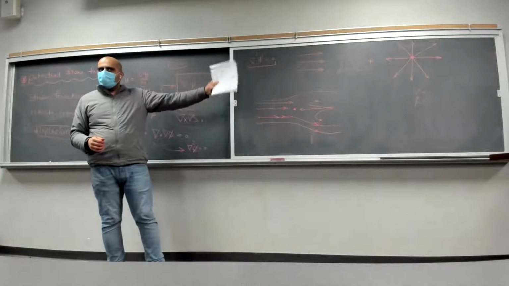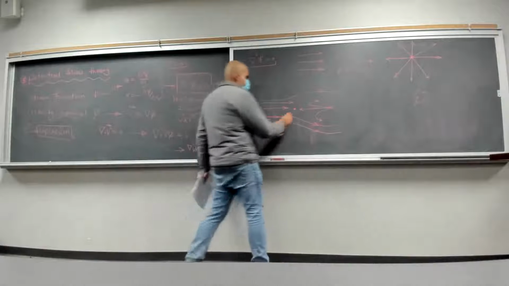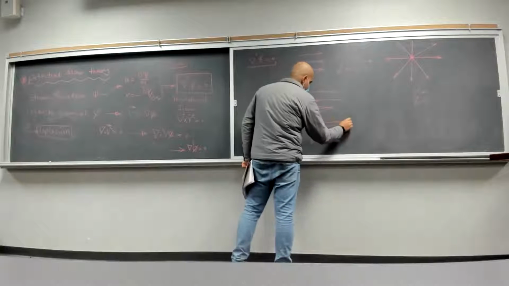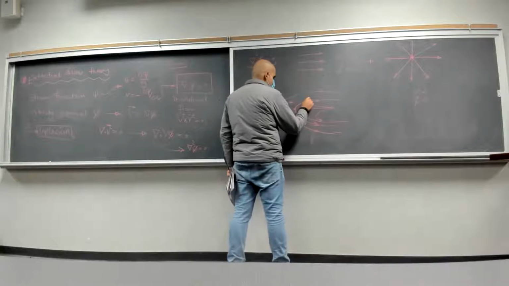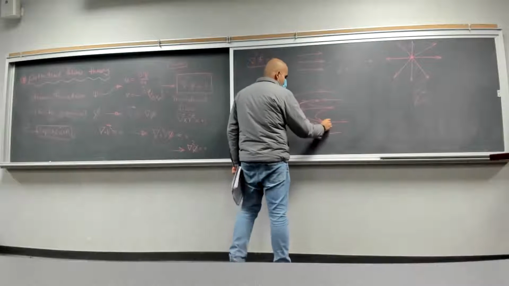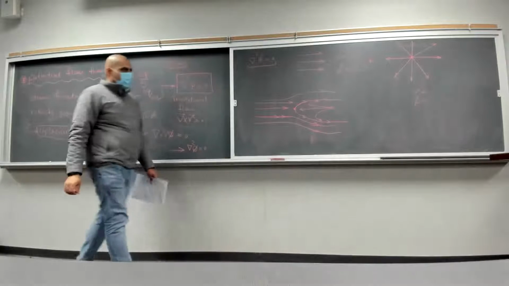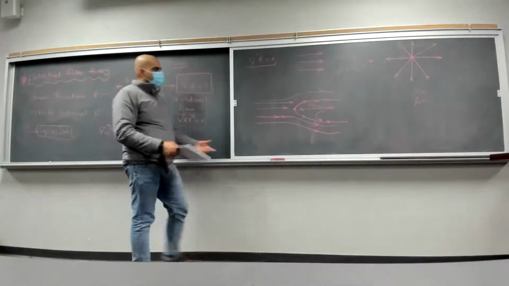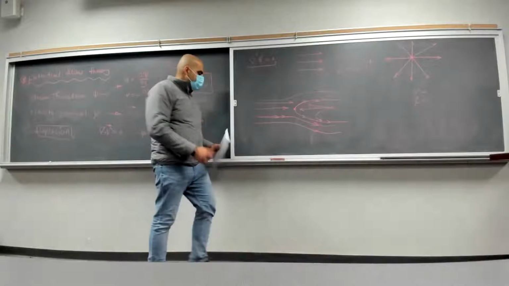I'm just adding the two flows. So essentially, you can create a line from the stagnation point, and you're going to get a velocity vector on the stagnation point. So if you add these two types of flows, this is what you're going to get, right?